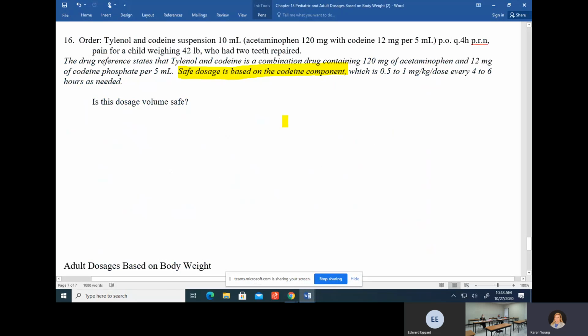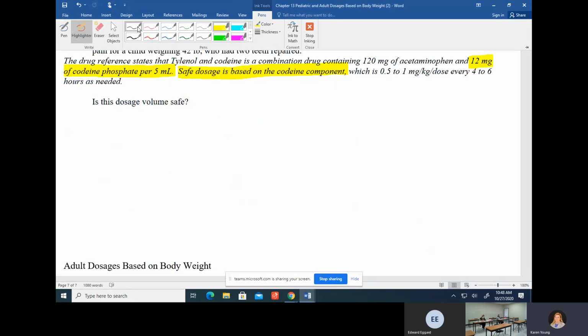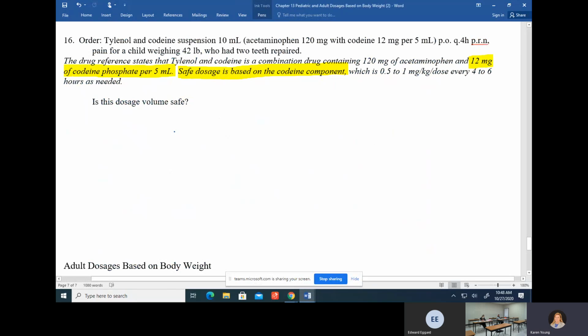So I don't have to worry about the 120 milligrams of Tylenol. I'm only worried about the 12 milligrams of codeine for 5 milliliters. That's what happens when you do not read the problem all the way through.